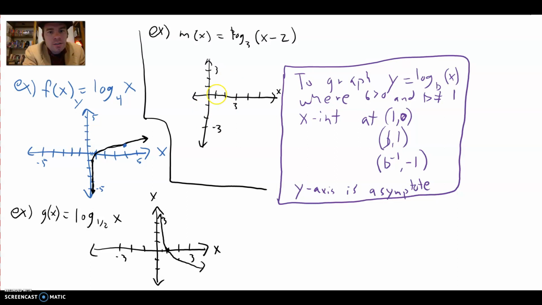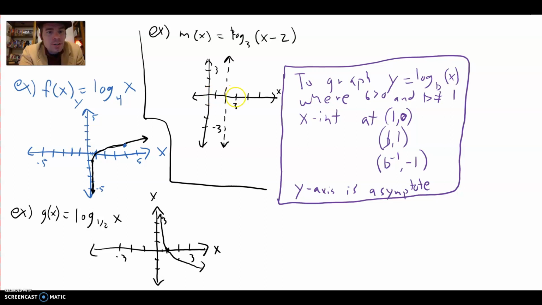So let's see. Shifting to the right 2, that puts our asymptote right here. Now this time I have to draw the asymptote, which is represented by that dashed line, because it's no longer on the axis. I can't use that existing line to represent the asymptote. So here it is as a dashed line. And now from here, our version of the point (1, 0) is no longer going to be at (1, 0).